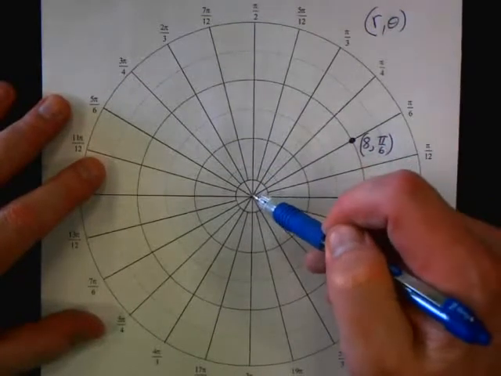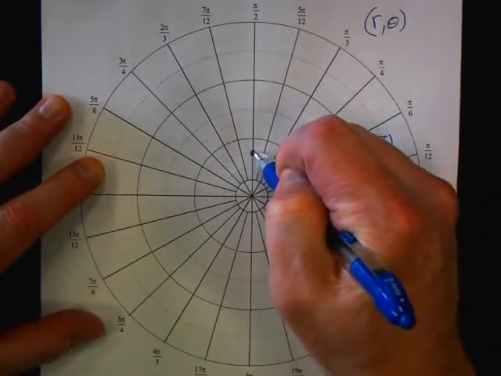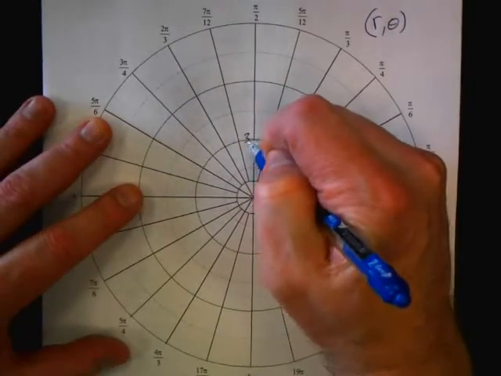How about this point? In rectangular coordinates, that would be the point 0, 3. I started at the origin and I went 3 straight up. What would we call that point in polar coordinates? 3, pi over 2.